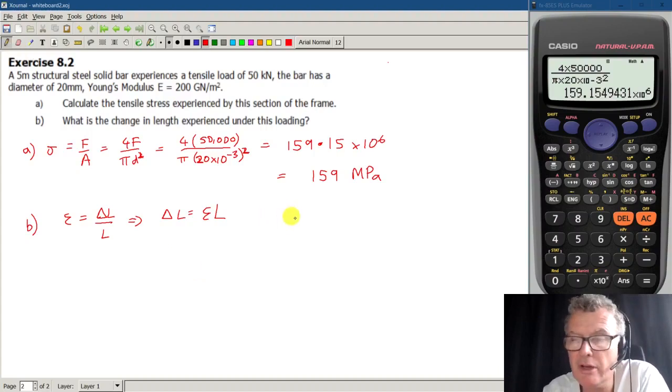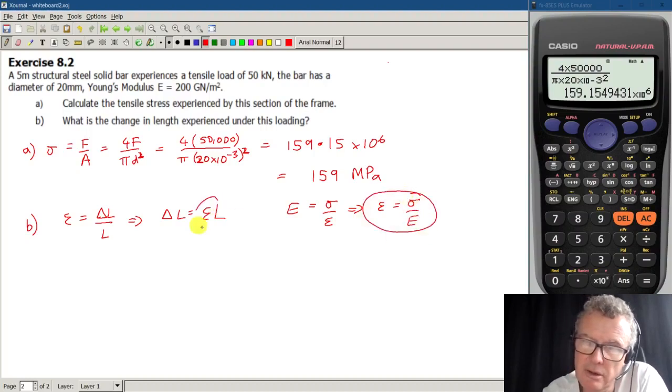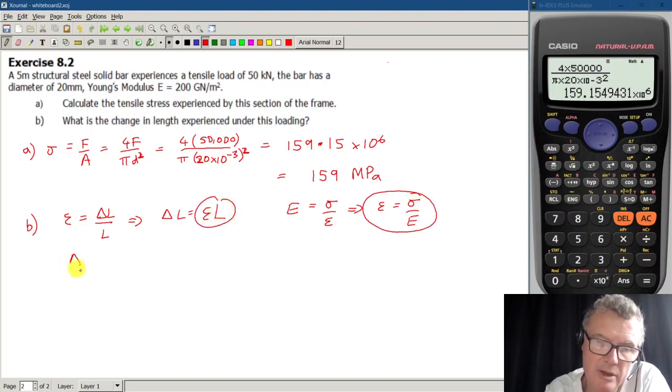The other formula that I know is that Young's modulus is stress over strain. So therefore strain is going to be stress divided by Young's modulus. So I can combine these two things here and here, and then we're going to get that the change in length is going to be the stress times the original length divided by the Young's modulus.